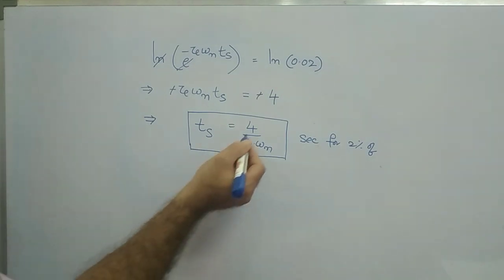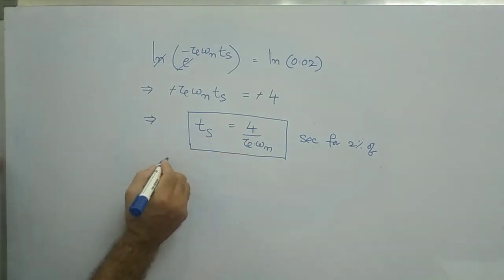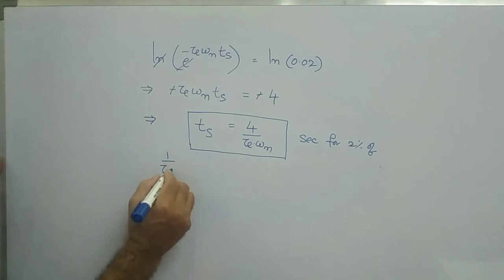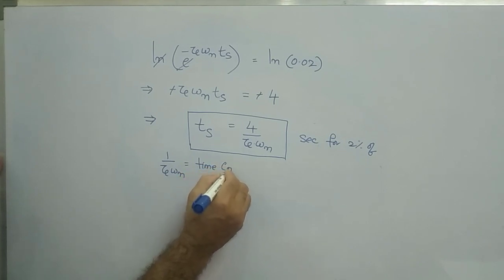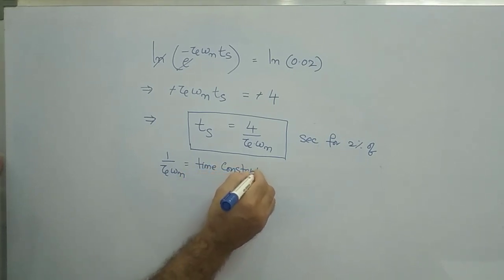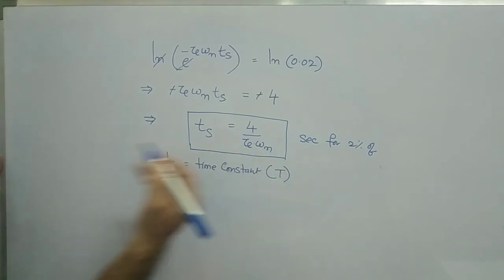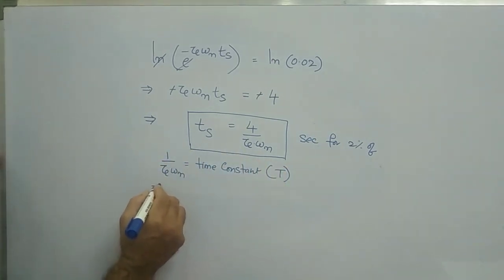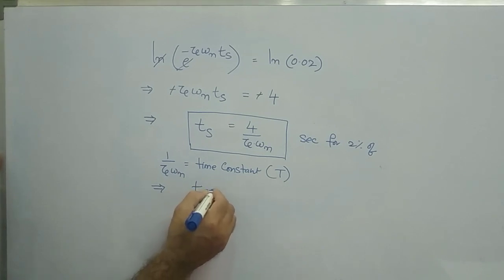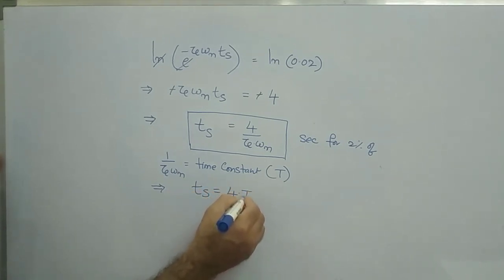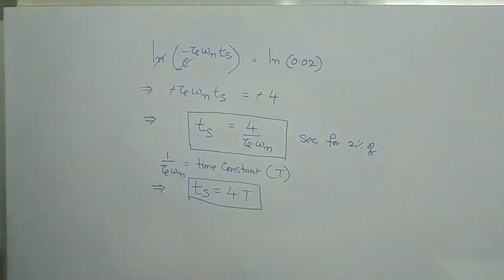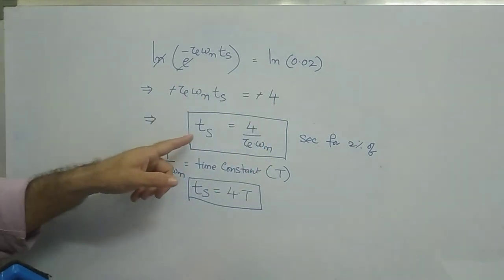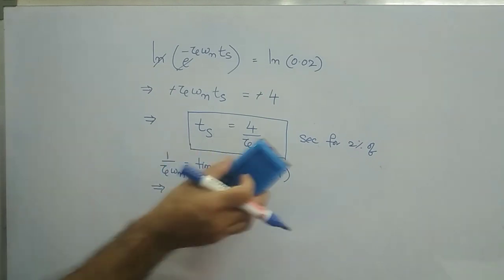And remember that this 1 by zeta omega n is called the time constant, and it is denoted by the letter T. Therefore you can write ts is equal to 4 times T, or otherwise you can remember this formula, 4 by zeta omega n. This is the settling time formula for 2% tolerance.